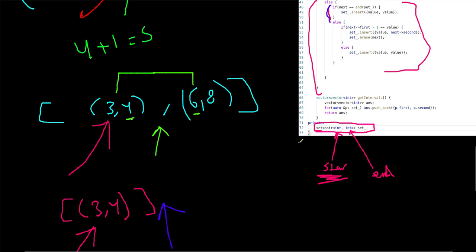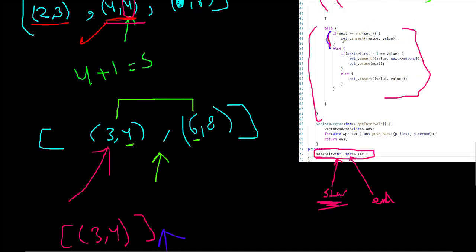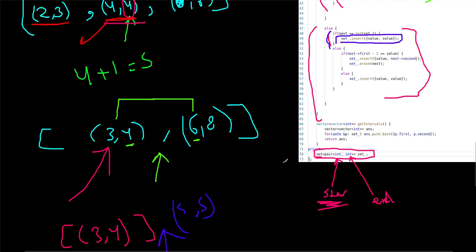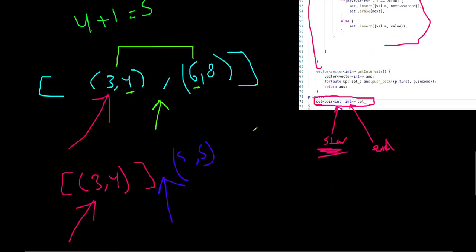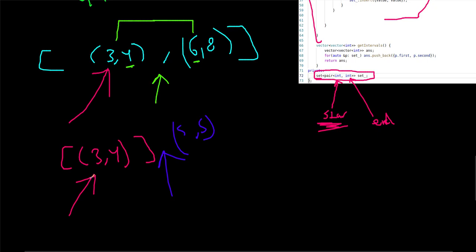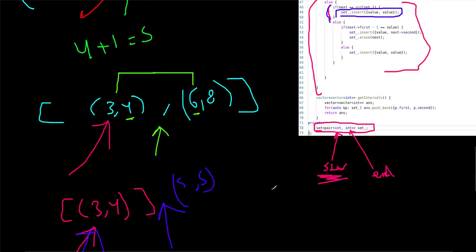In this case, the next equal the end of the set, and we just insert the new interval 5, 5. Else it's not the end. So for example, if we are adding 2, the next will be at this pointer.